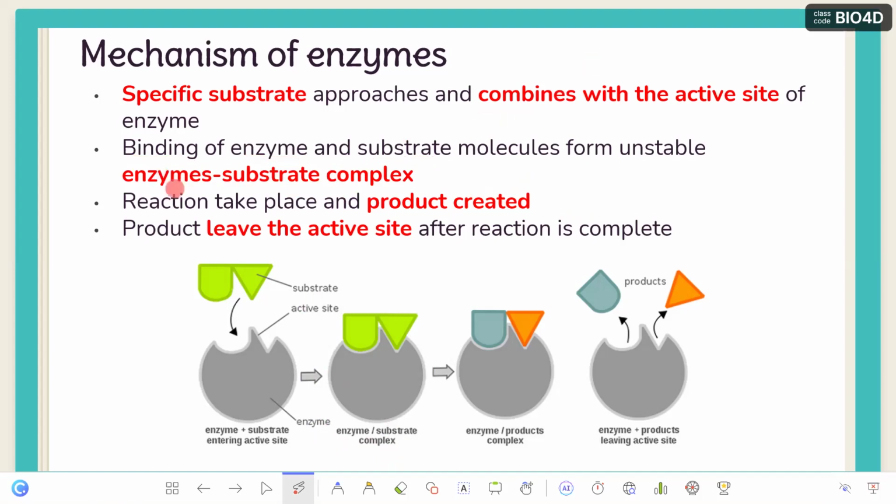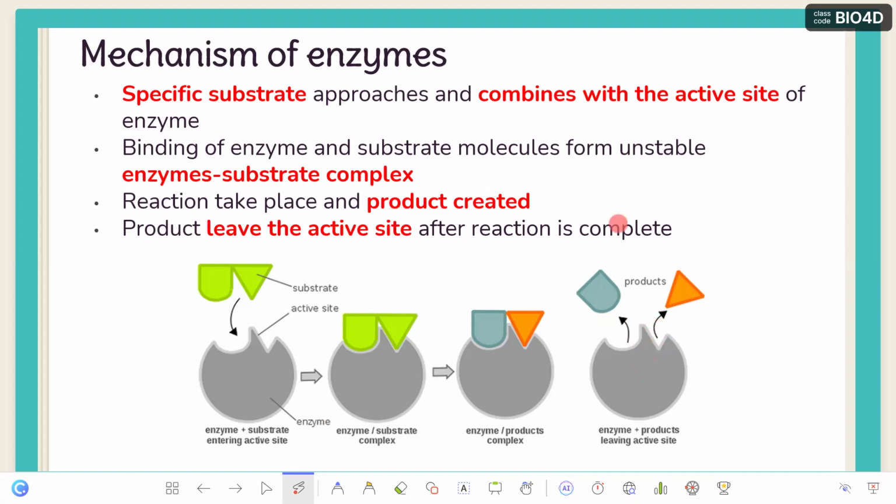Then the reaction will take place, and suddenly the product will form. So this product becomes the orange and the blue color. Originally it's green, now it becomes the two products here, the orange and the blue one. Your product is created, and lastly the product will leave the active site.